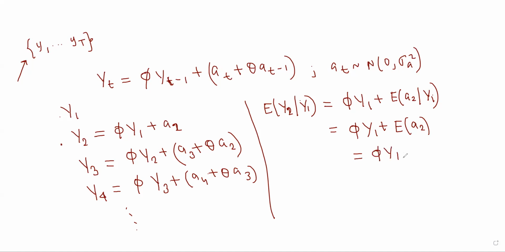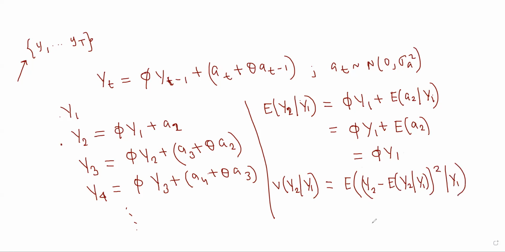Okay. Similarly, what is the variance of Y2 given Y1? That's simply, as we had done before, the expectation of Y2 minus the expectation of Y2 given Y1, squared.